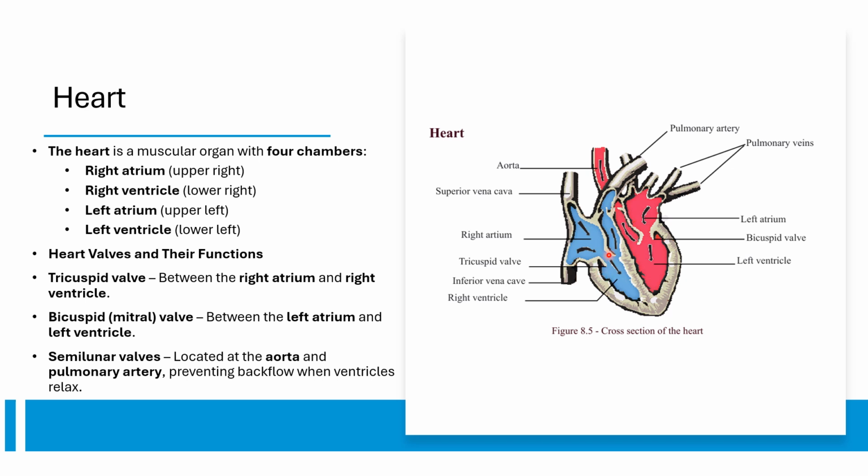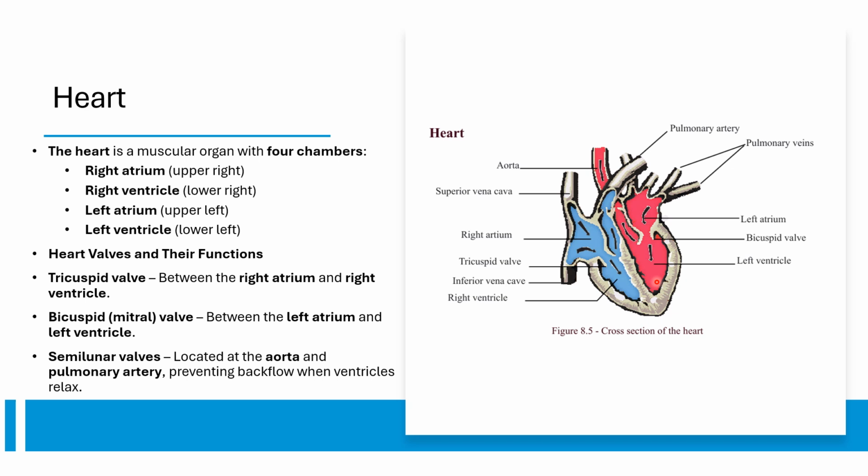One of the valves is the tricuspid valve, which is between the right atrium and the right ventricle. Then there's the bicuspid valve, which is over here, also known as the mitral valve. It is between the left atrium and the left ventricle.